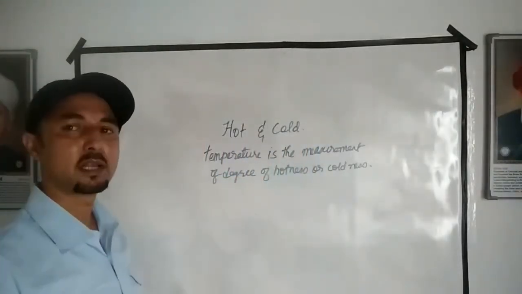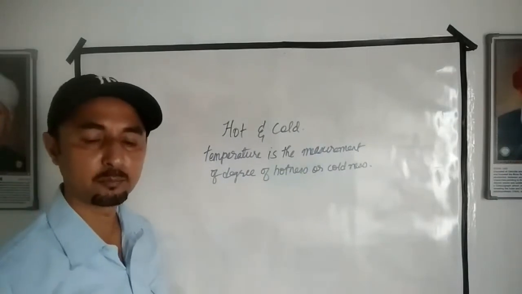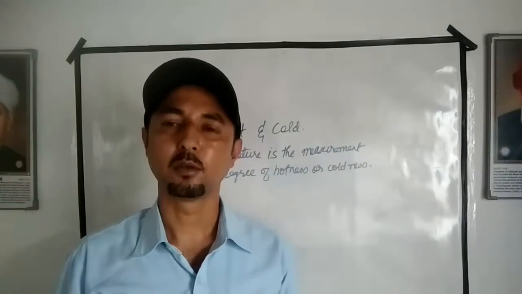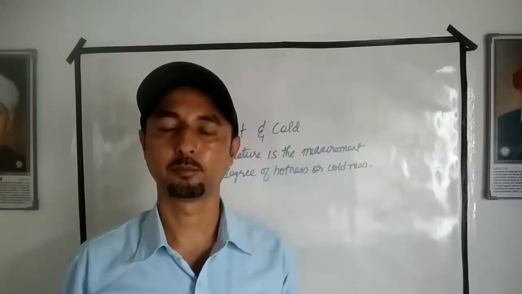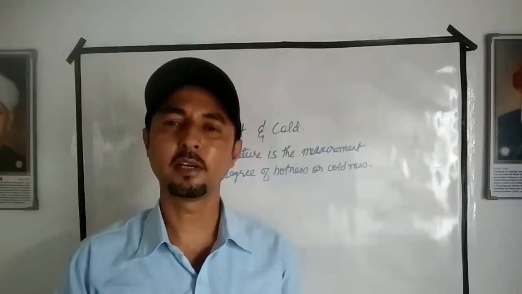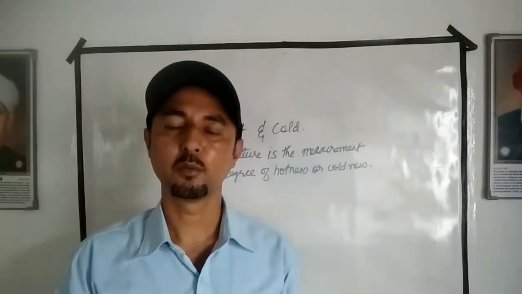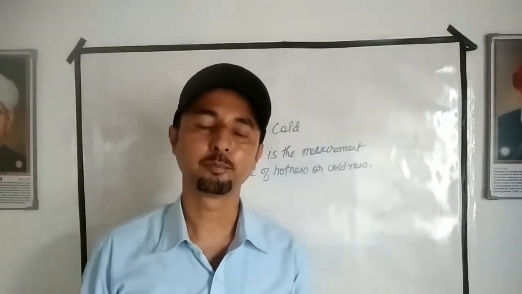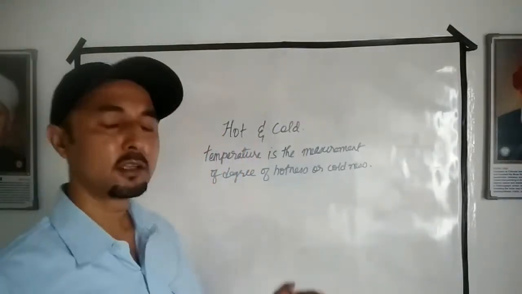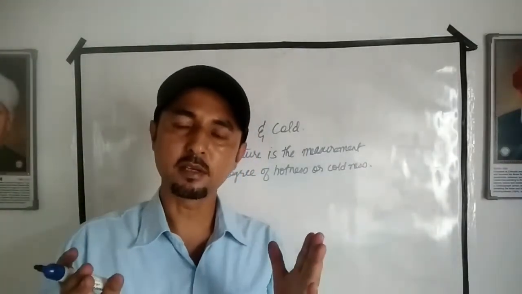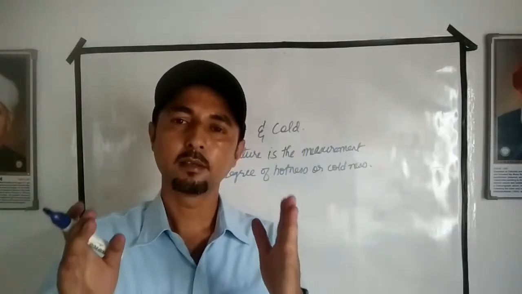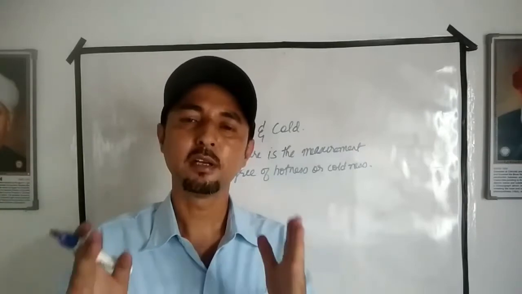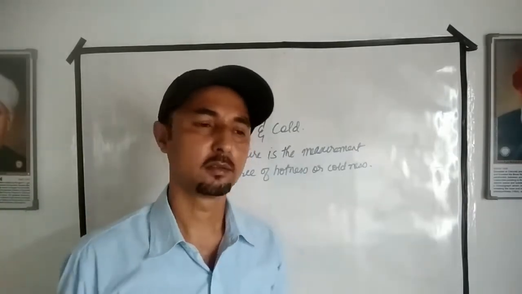The measurement of temperature is done by a special instrument known as thermometer. There are three types of thermometers, which I will be telling you a bit later, describing them. The degree of hotness or coldness is measured in some unit.